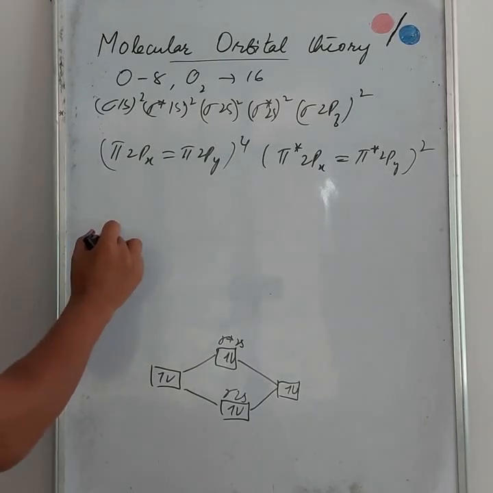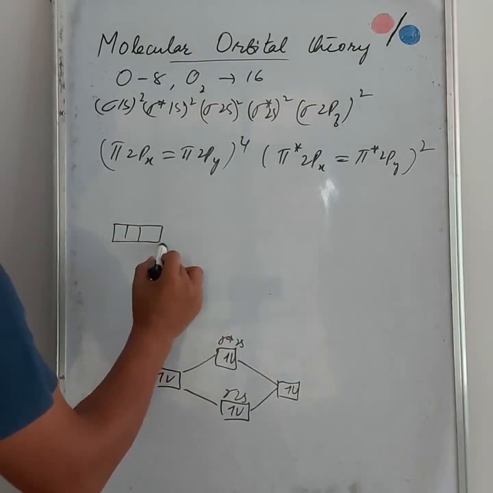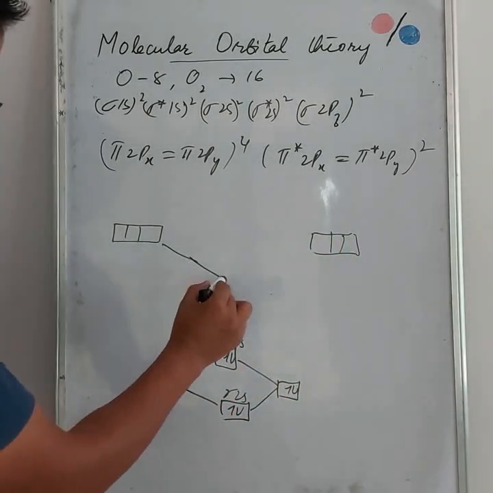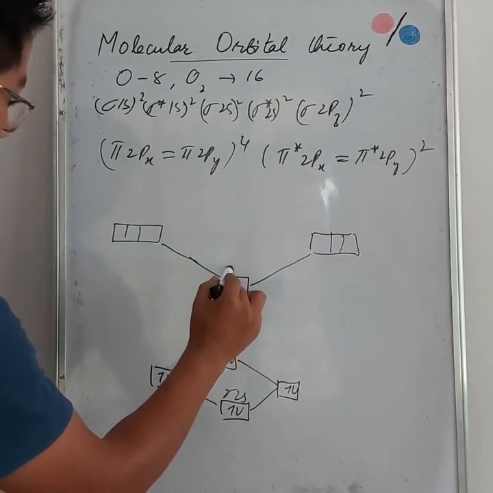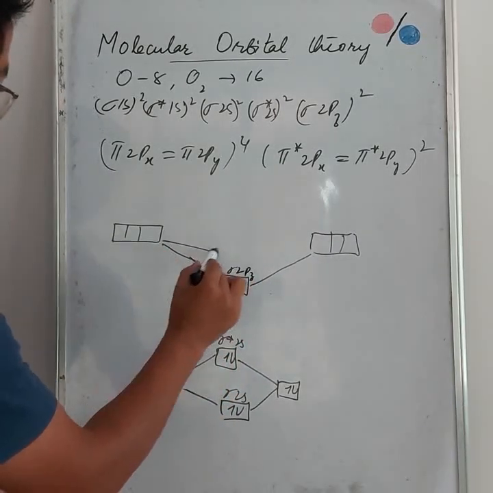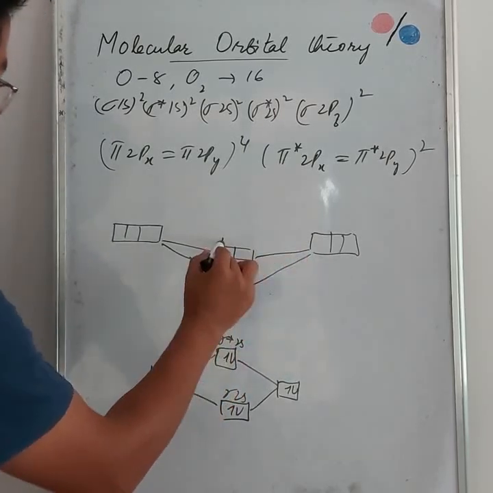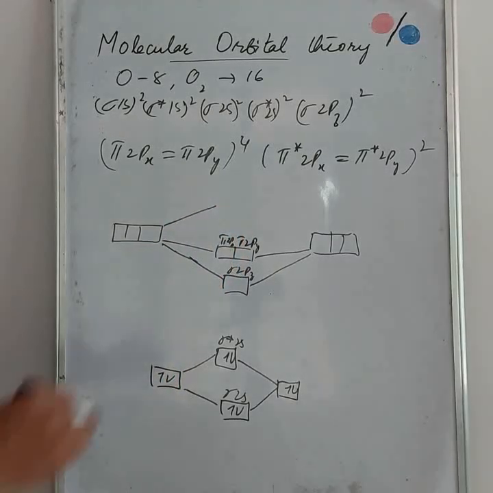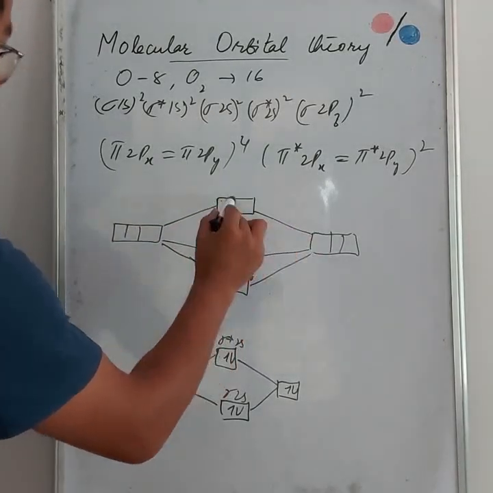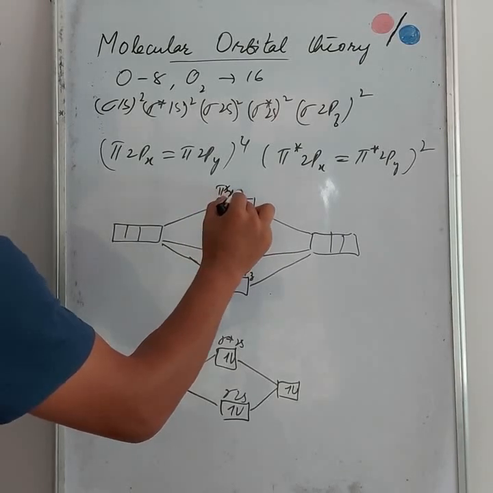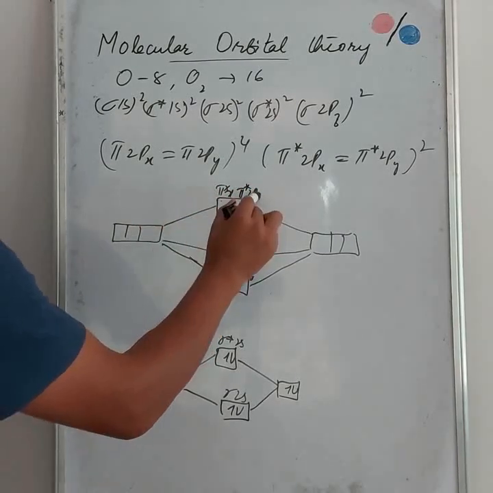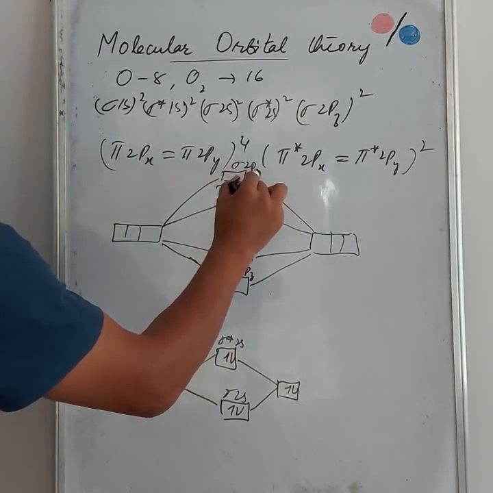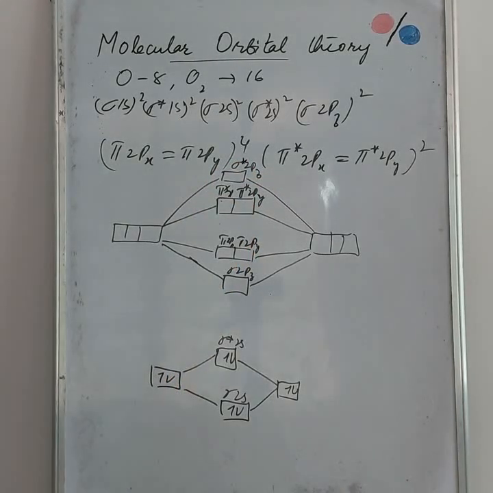And then for 2p, we have 3 here, and we have 3 more here. So sigma 2pz has a lower energy, and then the other 2, pi 2px, pi 2py, and then we have the pi star 2px, pi star 2py, and then sigma 2pz star.